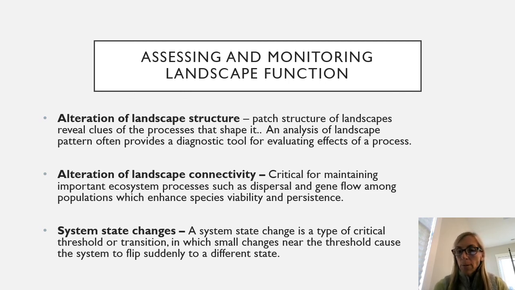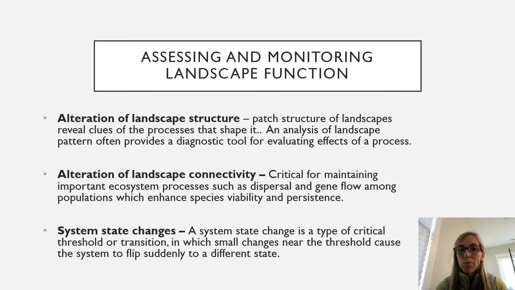So being able to assess and monitor landscape function is obviously important. We know that once we've had a system state change, it can be really difficult to regain landscape function.